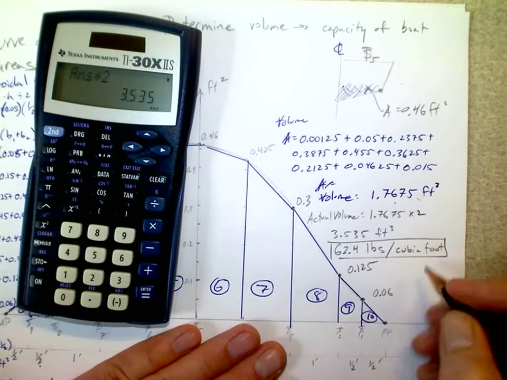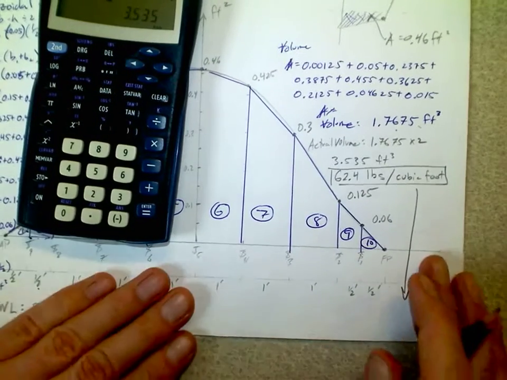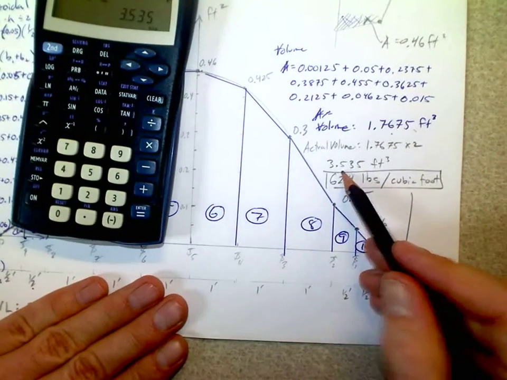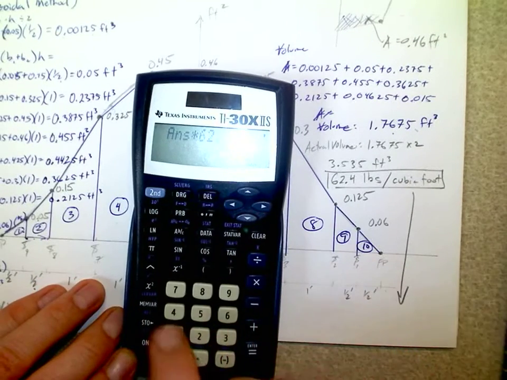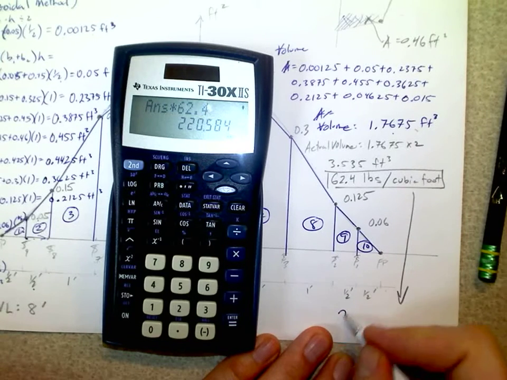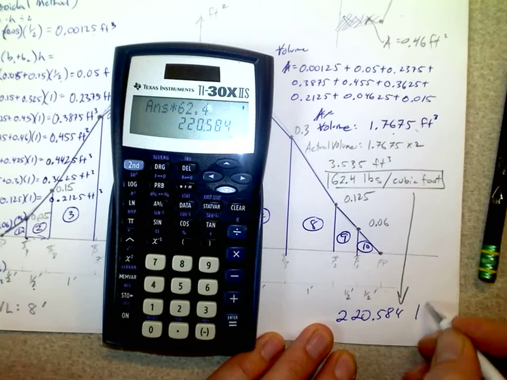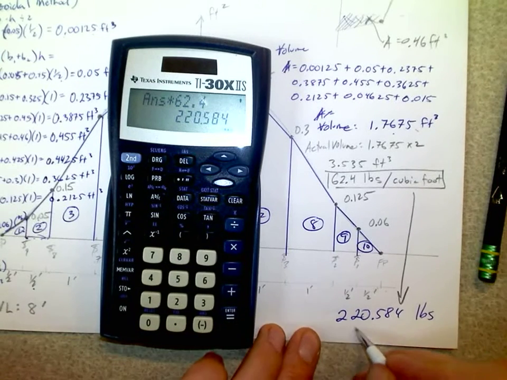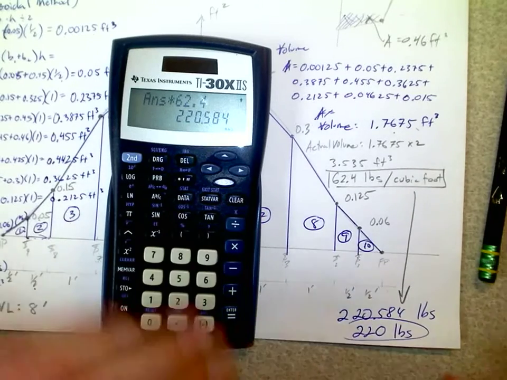That's our scale factor. So we'll say 62.4 times our cubic foot volume displacement gives 220.584 pounds. So I think we'll just probably write 220 pounds would be the answer to this.